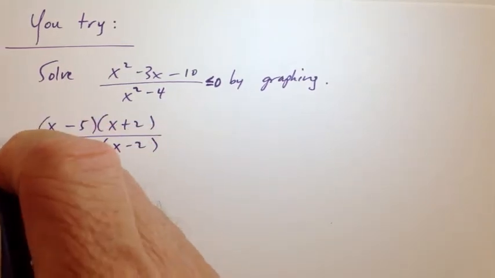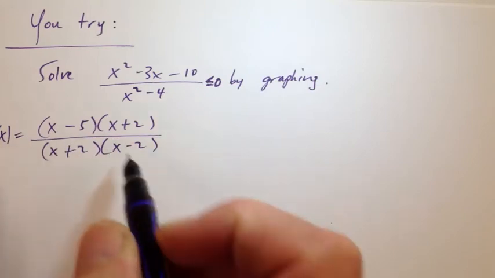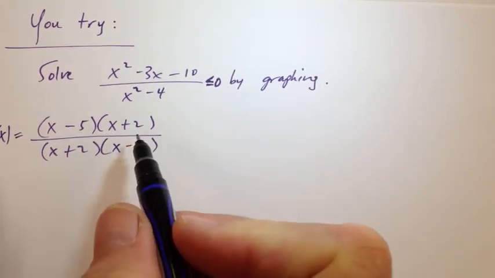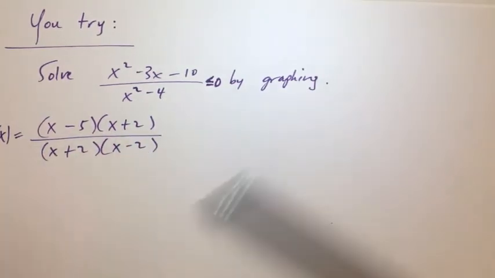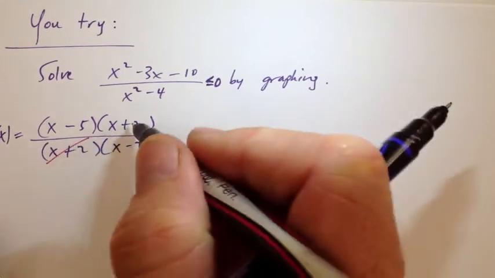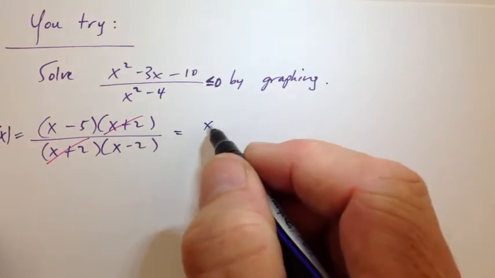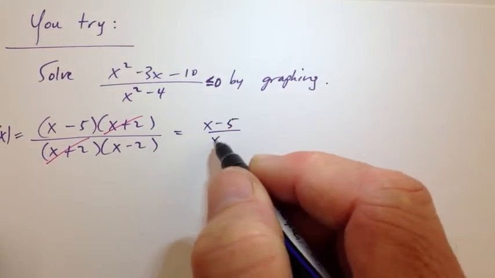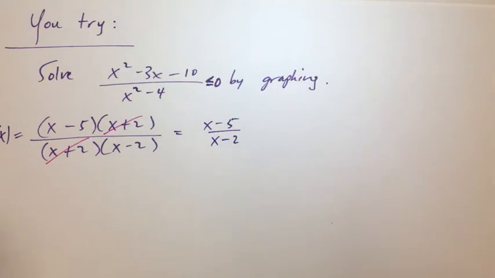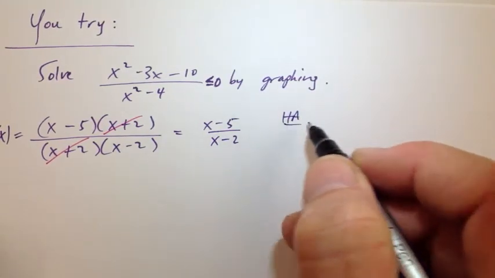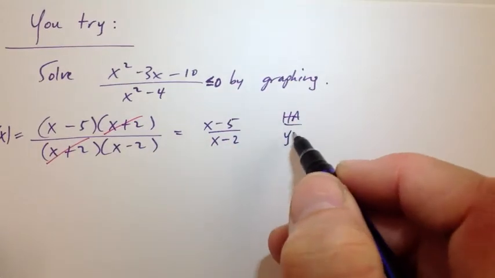So we have f of x equaling the left side, and after factoring the left side, I can see that I can cancel one of those factors, but all that means is that there's a hole in the graph at some point. It's going to look like this: x minus 5 over x minus 2. We have a horizontal asymptote of y equals 1.